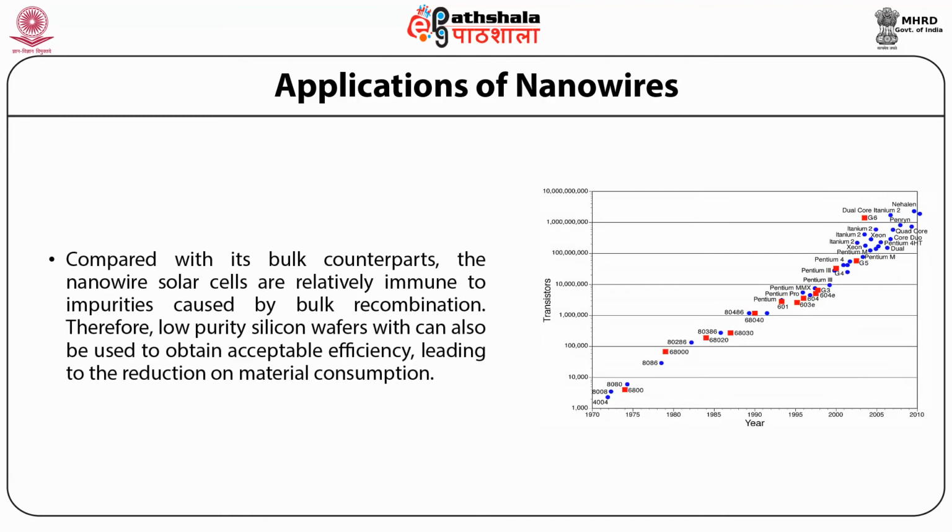Compared with its bulk counterparts, the nanowire solar cells are relatively immune to impurities caused by bulk recombination. Therefore, the low impurity silicon wafers, which can also be used to obtain acceptable efficiency, lead to the reduction in material consumption.